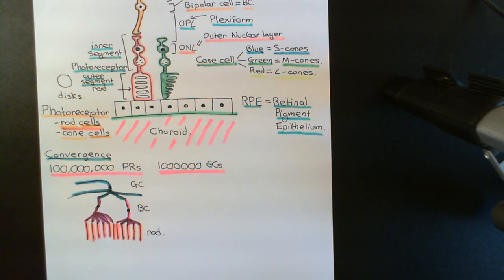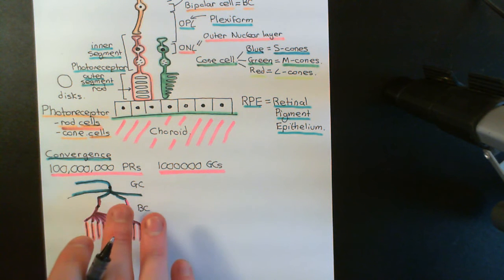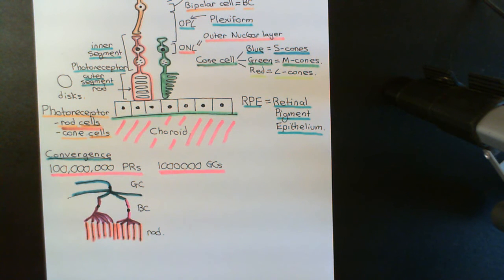You do get convergence of the cone cells, so just like this you'll have multiple different cone cells all going onto a single bipolar cell, and then multiple bipolar cells going onto a single ganglion cell, but it's not as extreme, so you don't have as many cone cells corresponding to one ganglion cell as you do for rod cells.